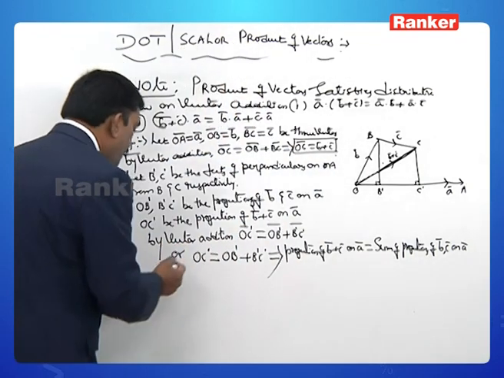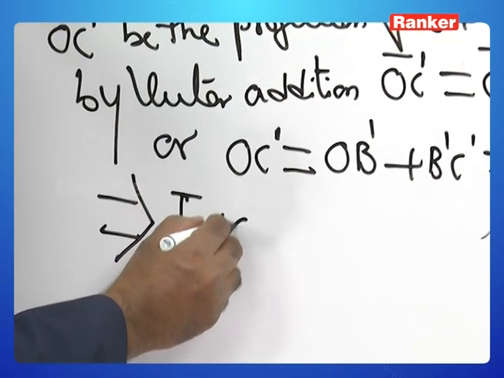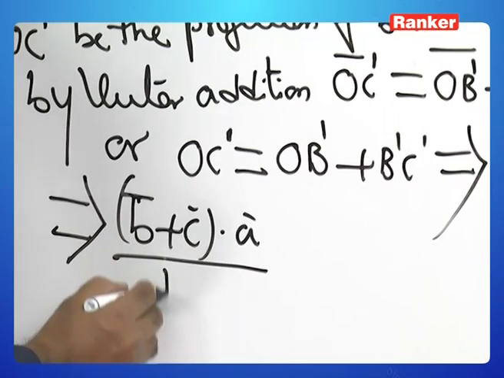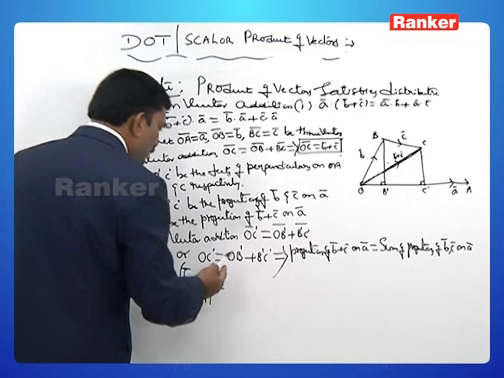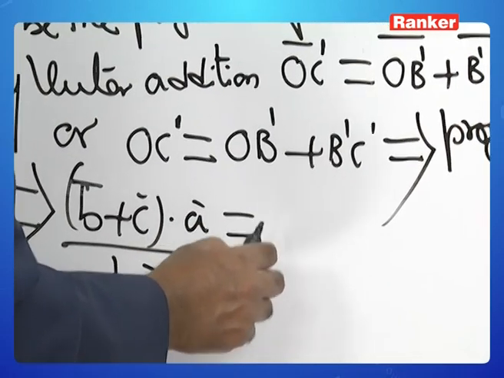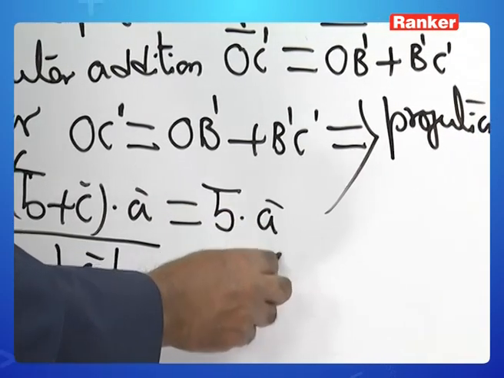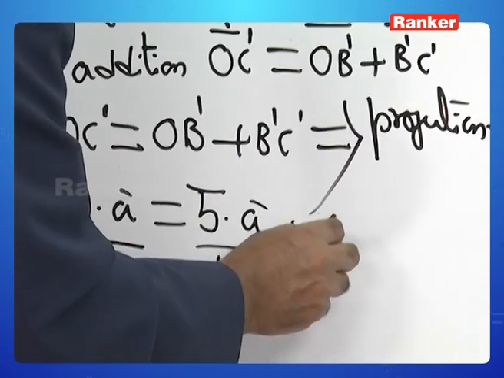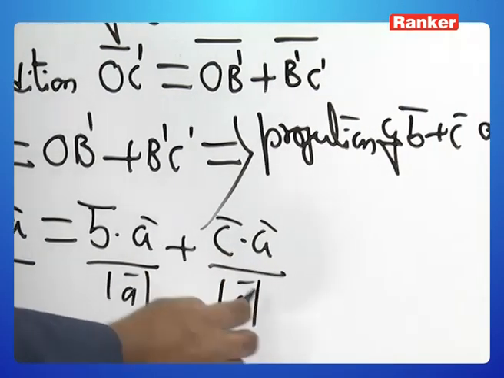So now I can write B bar plus C bar dot A bar by modulus of A bar is equal to B bar dot A bar by modulus of A bar plus C bar dot A bar by modulus of A bar.